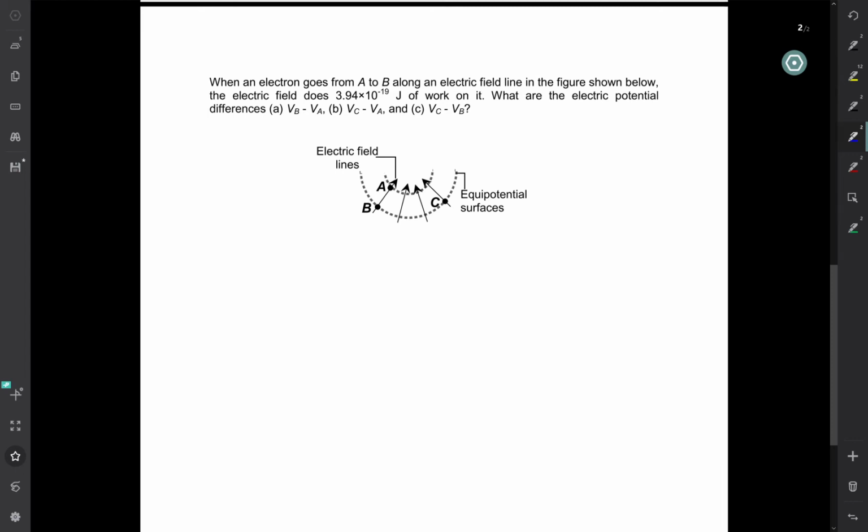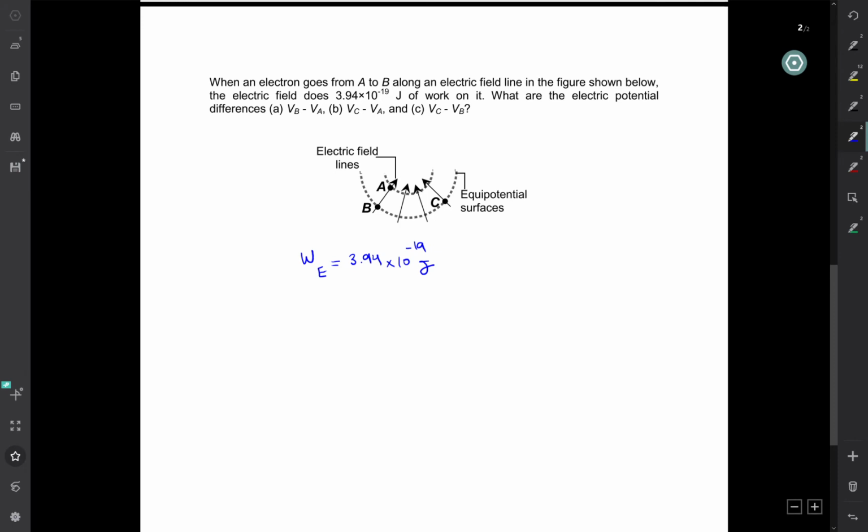So the work done by the electric field is equal to 3.94 times 10 to the minus 19 joules. So for the electric field to move the electron from point A to point B, it has to do 3.94 times 10 to the minus 19 joules.